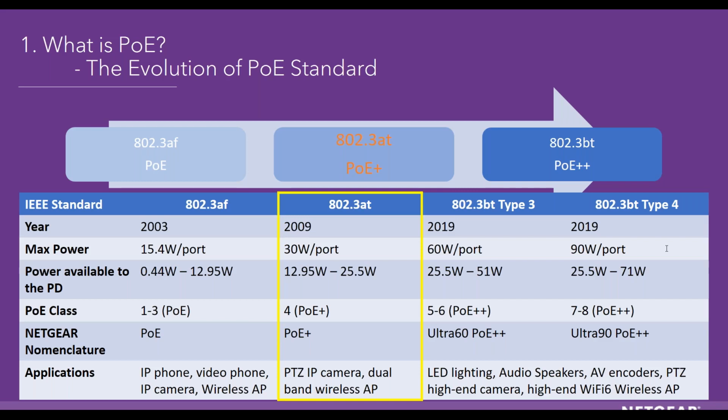Right now the technology has evolved to support PoE LED lighting, audio speakers, Pro AV encoders, pan-tilt-zoom high-end cameras, and some high-end Wi-Fi 6 wireless access points, which require more than 30 watts per port. That's why PoE++ is coming out as a standard.